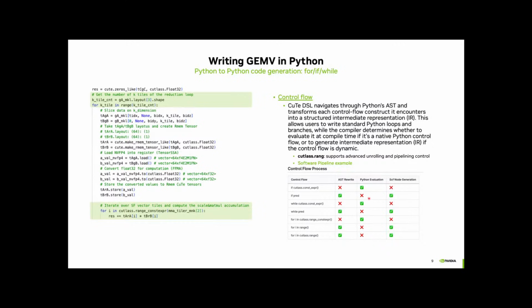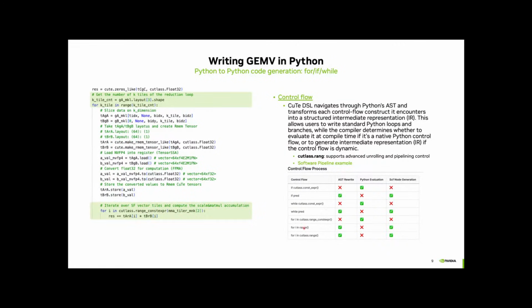So there are different combinations. In short, if the condition is constant, a compile time static value, it is just a Python evaluation of the code. But if it is a dynamically defined condition, it will go through AST rewrite and generate the SCF node for the IR code. The if, while, and for have the same requirement.